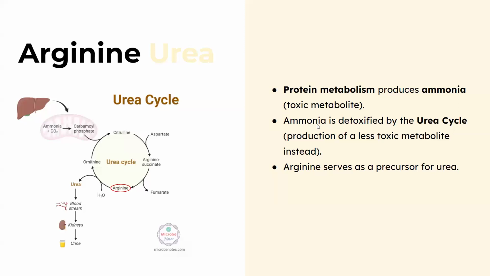It makes it a safer version, and we call that urea. So we convert ammonia into urea through the urea cycle. And what gives rise to urea is arginine. So the amino acid arginine is what gives us the urea, which is what we're going to excrete in the urine. And urea is the less toxic version of ammonia.